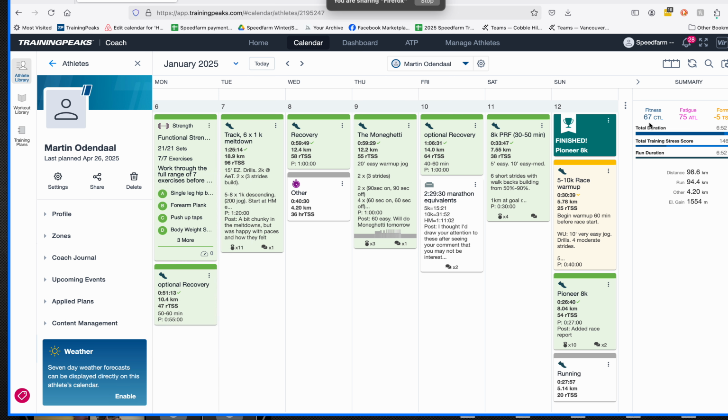And then the other row of numbers on the top here that can be a little confusing are also a summary that's related to your dashboard performance management chart, which we'll look at. But for now, I'll just say that these three numbers are giving an idea of the balance of your current versus your historic training and some snapshot of where your form or your freshness might be.